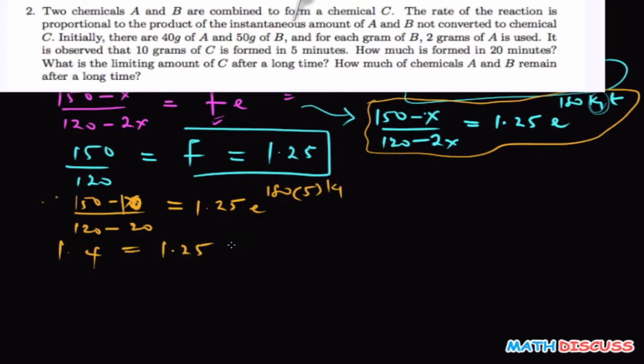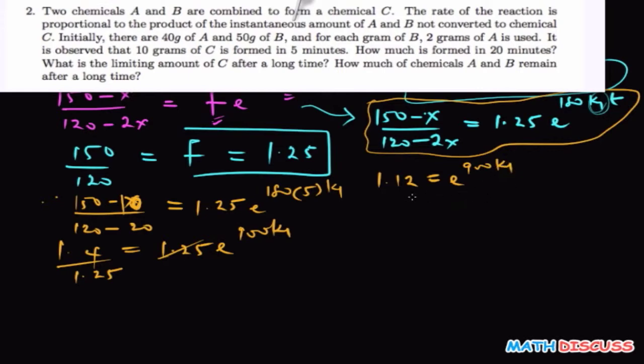1.25 e to the power 900 times k1. So then the next thing is we divide both sides by 1.25 to clear this out here. So what we have is 1.12 equals e to the power 900 k1.